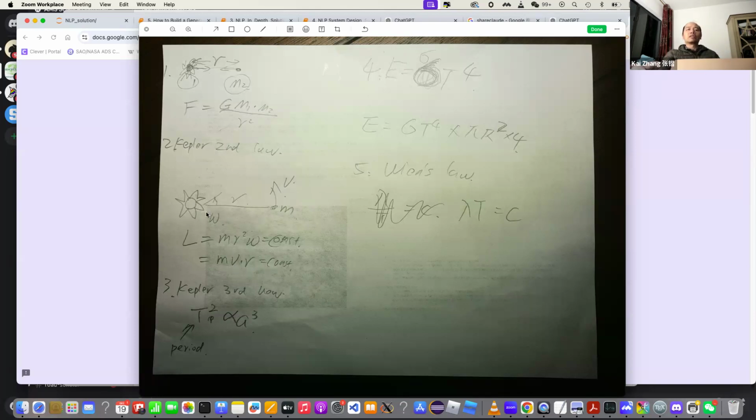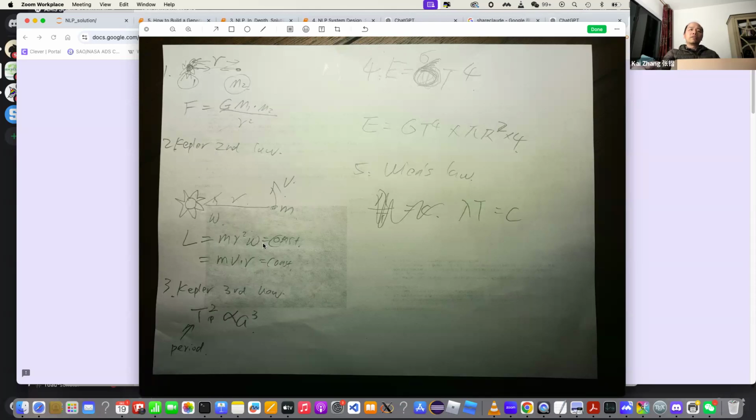So this is constant. And what it tells us is that if the distance is multiplied by a factor of 2, then the velocity would drop by a factor of 2 as well.